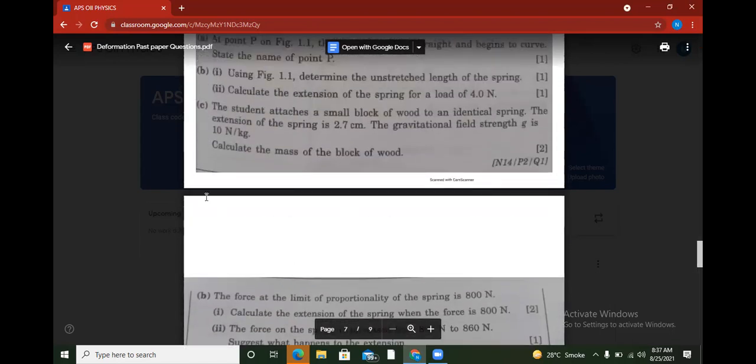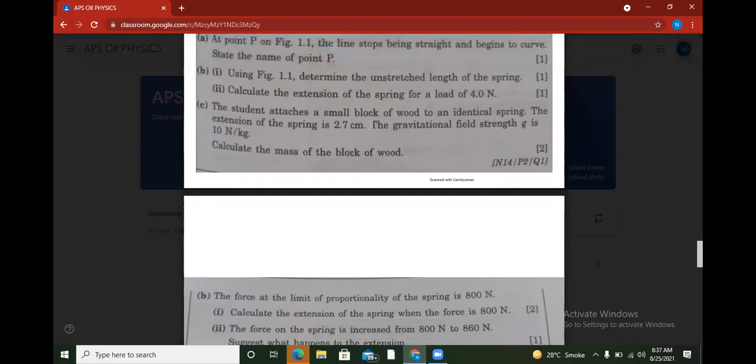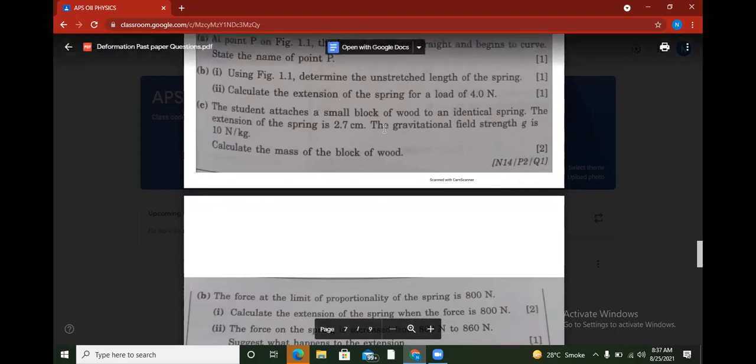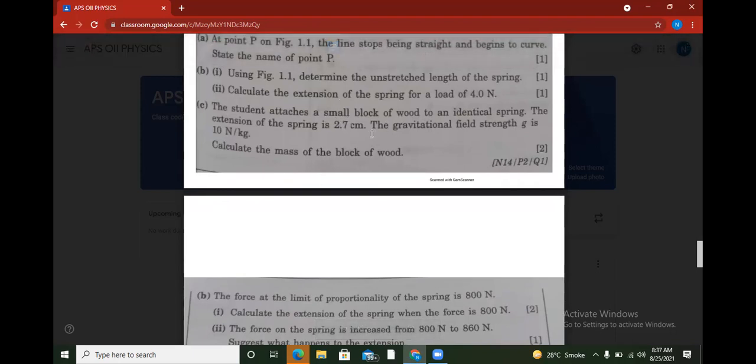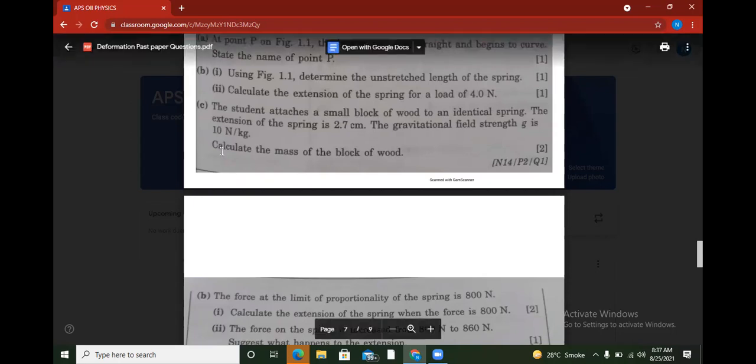Part number C. The student attaches a small block of wood to an identical spring. Okay, now he is using the same spring, but now he is going to attach a small block of wood. The extension of the spring is now 2.7 centimeter, and the gravitational force is given to you.